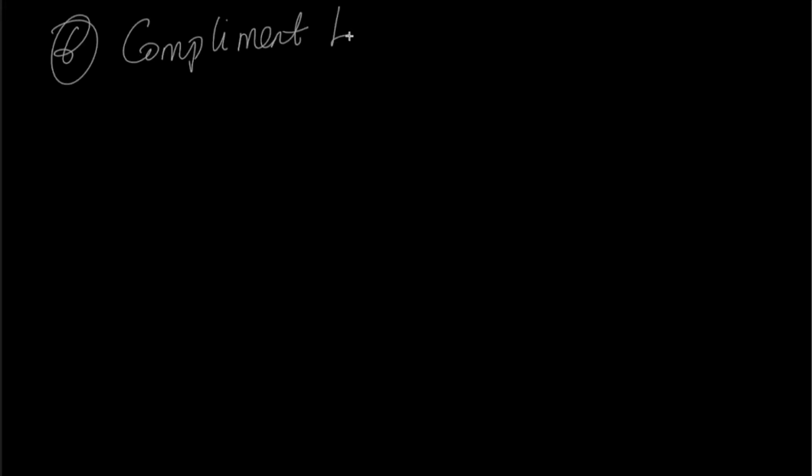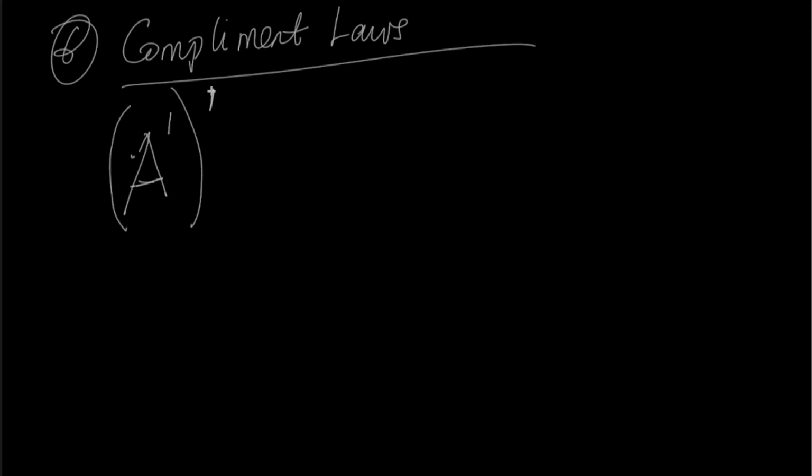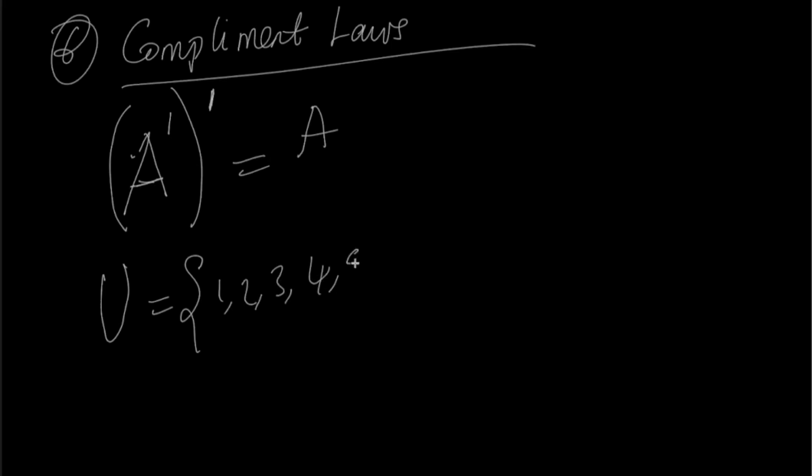Complement laws. It simply says if you have the complement of A, then you apply another complement, you are going to have what? A. Let's see. This is the universal set. We say it's equal to 1, 2, 3, 4, 5, 6, 7.